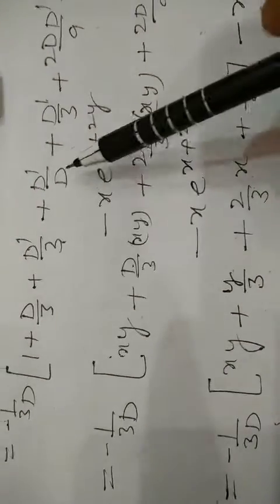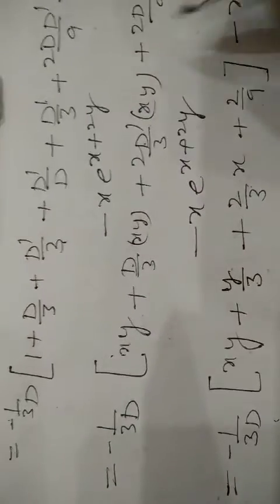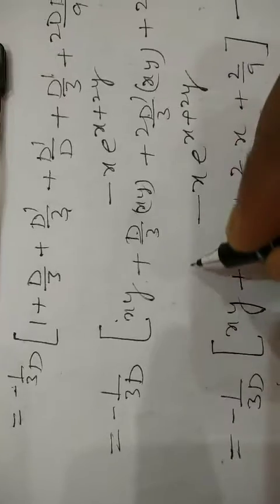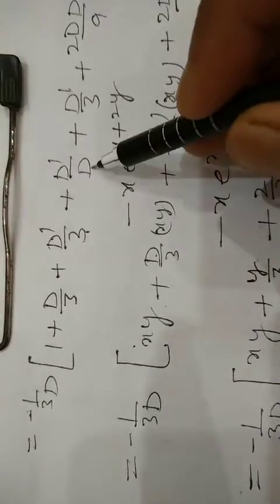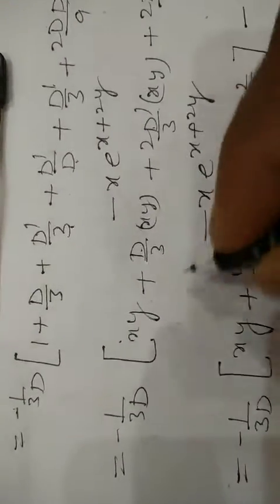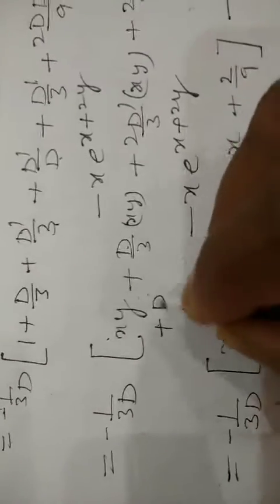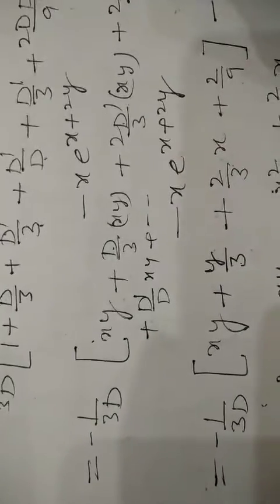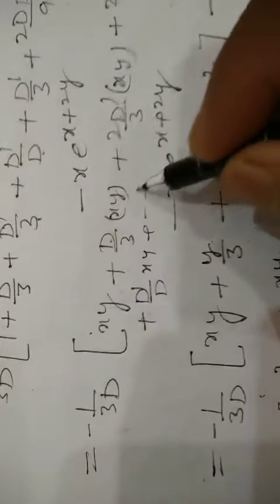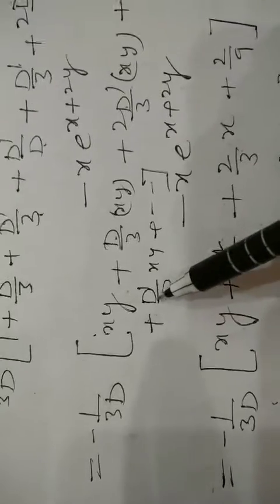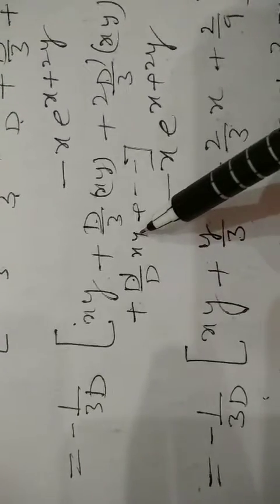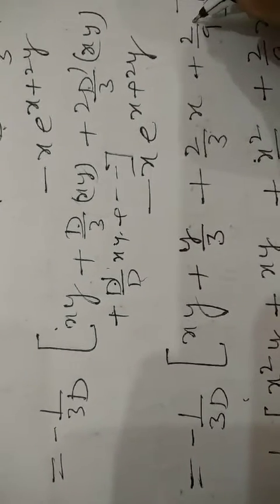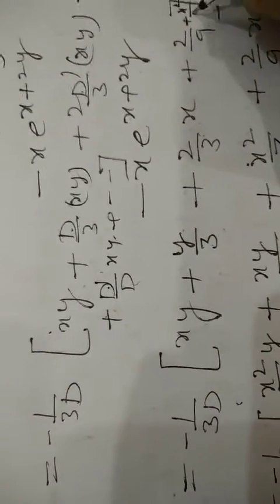students, so now just see one term is left here, D dash by D of xy plus D dash by D of xy plus and so on. So after differentiating this with respect to y, it becomes x, and the integration of this becomes x square by 2.